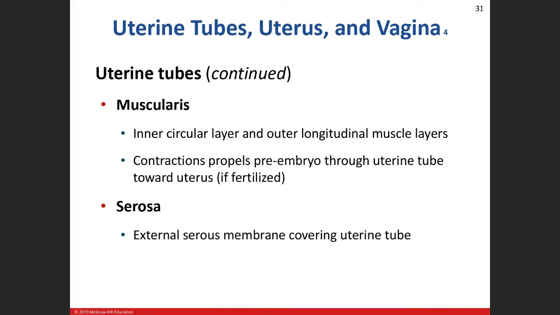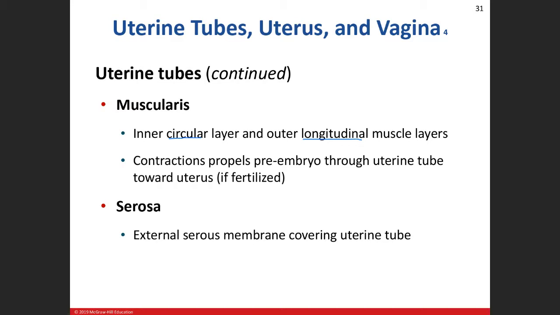Then, of course, the middle layer, the muscularis layer, is going to have 2 layers of muscles. The innermost is going to be the circular layer. The outer is going to be the longitudinal. In addition to the cilia helping to move the oocyte down, these muscles will contract, and that too will help to move the embryo, if fertilization takes place, because we're in a rush now.